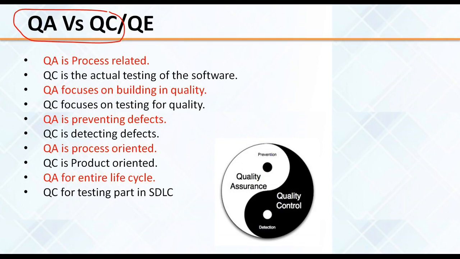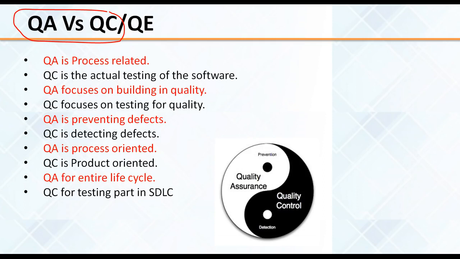Quality assurance is basically process related. Suppose you want to deliver a software to the customer, we will define a certain process, right? We need to follow the process. So QA always talks about the process.